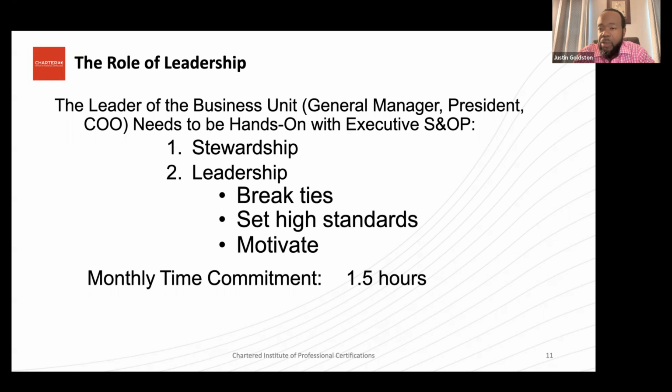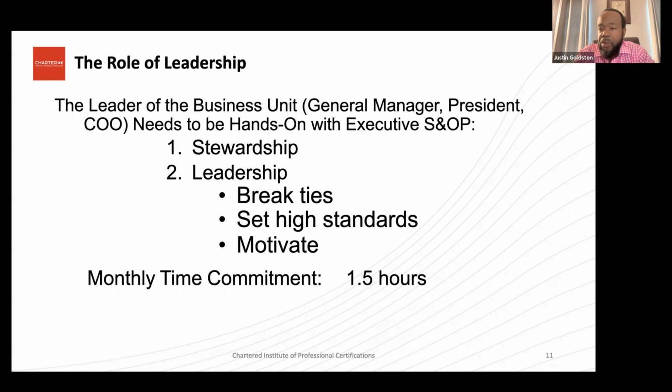Because from an organizational perspective, from an S&OP perspective, everyone's working toward a common goal. So for the executive, the monthly time commitment is roughly 1.5 hours. So it's not that much of a commitment from an executive perspective, but the executive has to be involved within the process.